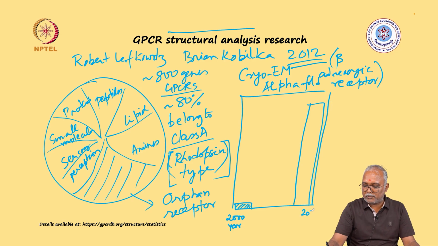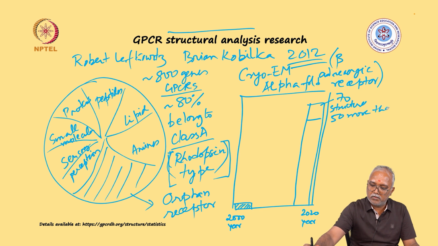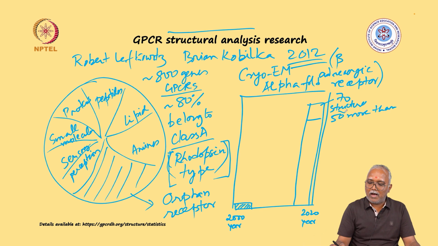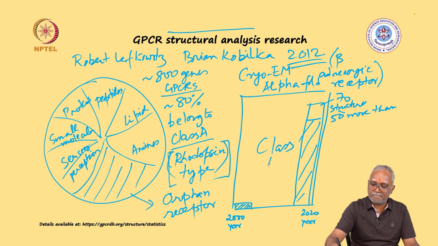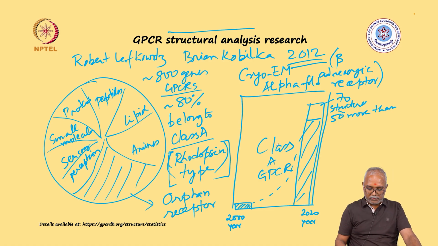As of 2020, there are almost 70 structures solved. Out of those 70 structures, more than 50 are from this class A receptor. Because of their abundance, as well as the understanding which has developed over the years, more and more class A GPCRs have been understood in the system.